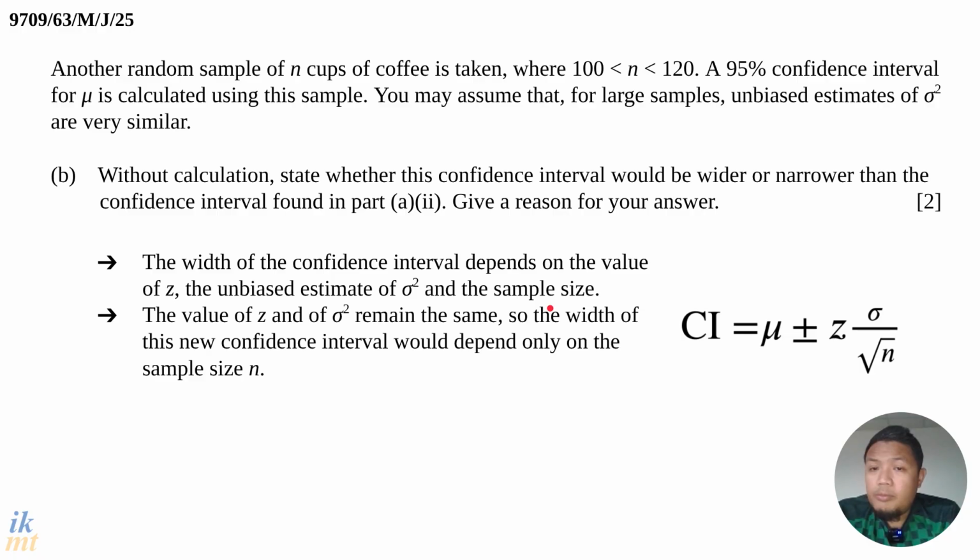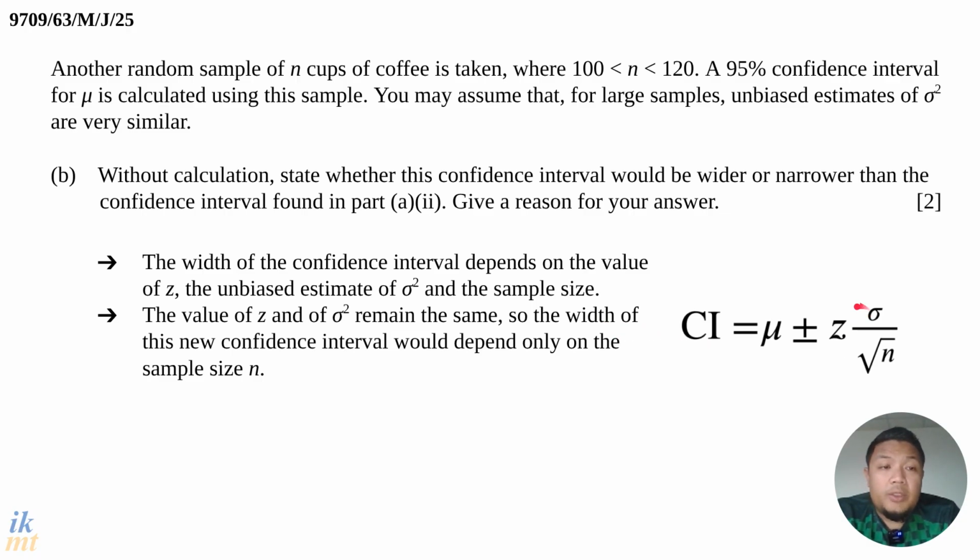So now in this problem, the value of z is the same, because we're still doing a 95% confidence interval. So that's out of consideration for determining whether or not it affects the width of our new confidence interval.